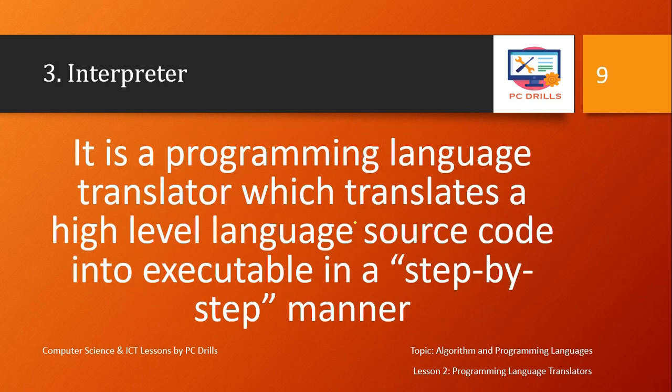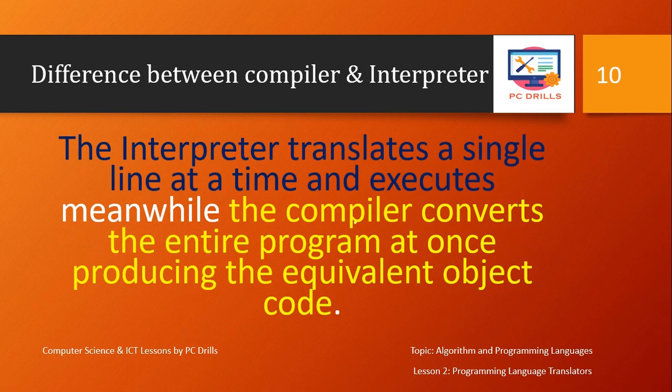Here for the interpreter, we also say it is from high level into machine language. The only main difference between a compiler and an interpreter is that the compiler translates the whole program at the same time. Meanwhile, an interpreter translates the program line by line, in a way that the computer can execute one line before it translates the next line.